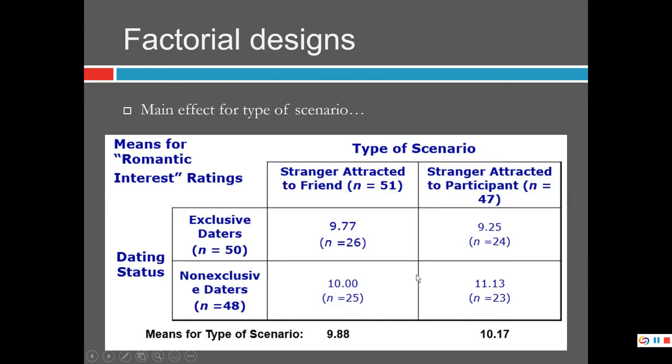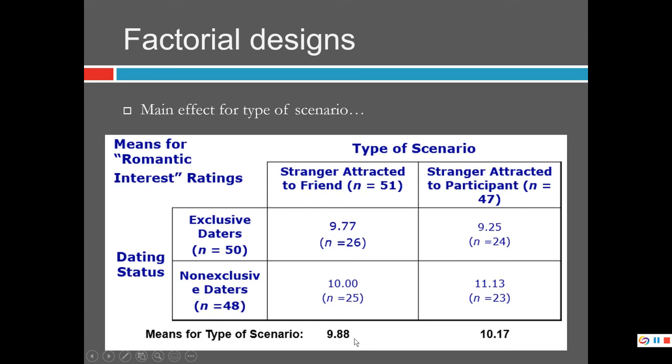Well, we just do the same thing by collapsing across these different scenarios. The average rating of a romantic interest for a stranger that was attracted to someone's friend, just a little bit under 10 here. The average romantic interest for a stranger attracted to the participant themselves, just a little bit over 10.